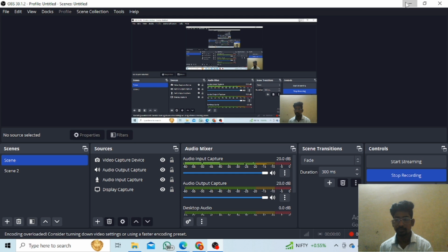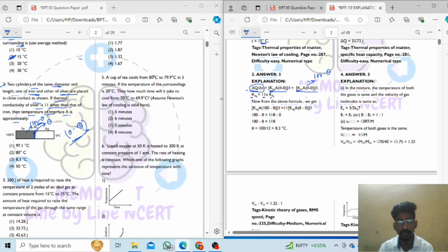So put the values in this equation: in place of K Ag, put 11 into K Fe. So K Fe and K Fe will cut out, and it will become 11 theta equals 100 minus theta, not theta minus 0. From this you can say 11 theta plus theta will become 12 theta equals 100. So theta will become 100 by 12, equals 8.3. So the answer will be 8.3.